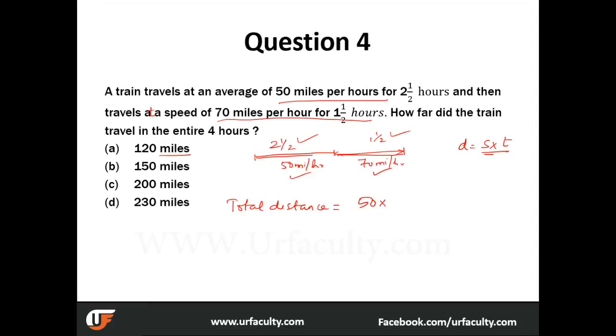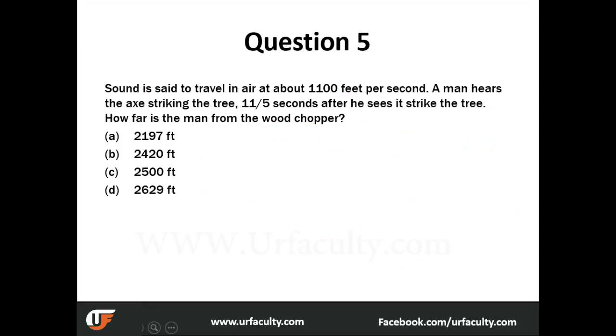Speed into time, right? Speed into 2.5 plus 70 into 1.5. That's it. So this will be like 5 by 2, 25 5s are 125. This will be 3 by 2, 35 into 3 is 105, and your answer is 230 miles. Okay. So move on to the next question.